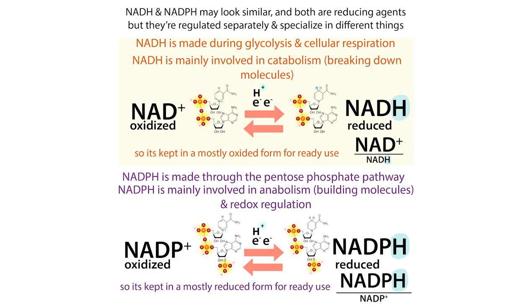There's also NADP plus, which gets reduced to NADPH. But that's going to be typically used more for our anabolism purposes. We're going to be using it as NADPH and oxidizing it to get us NADP plus in order to reduce other things. But of course, you have to be able to go back and forth with all of these, or else you're not going to be able to use them again.